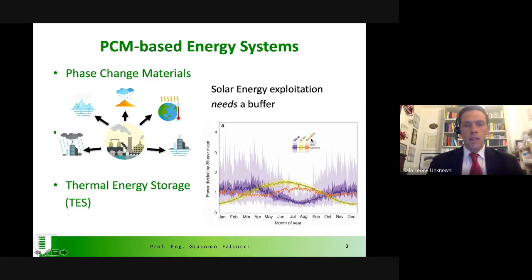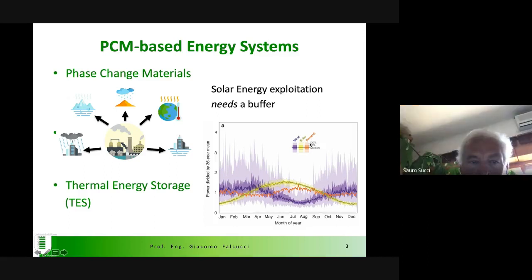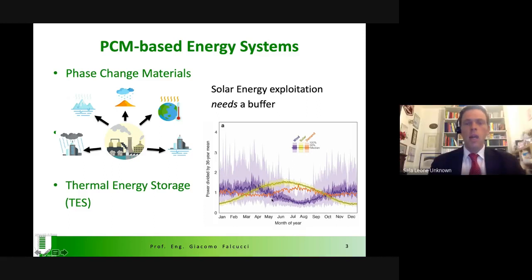That is, the demand that we have in our societies of electrical power is usually completely decoupled from the availability of renewable energy sources. And here you see just wind and solar power, the purple and the yellow trends.